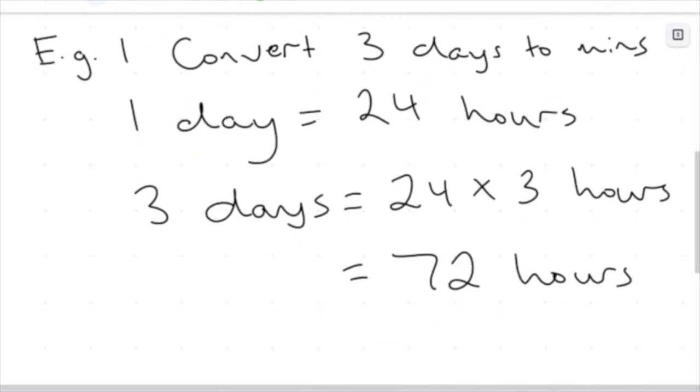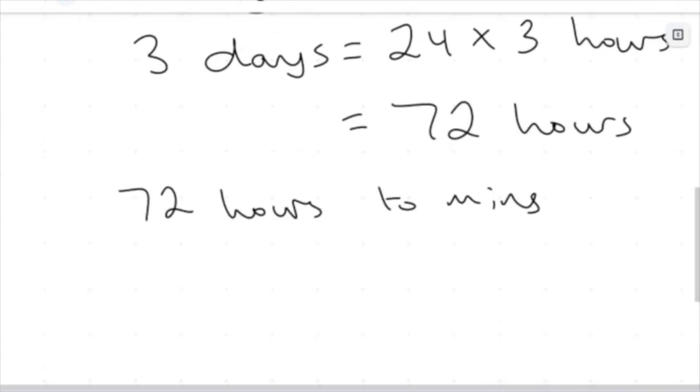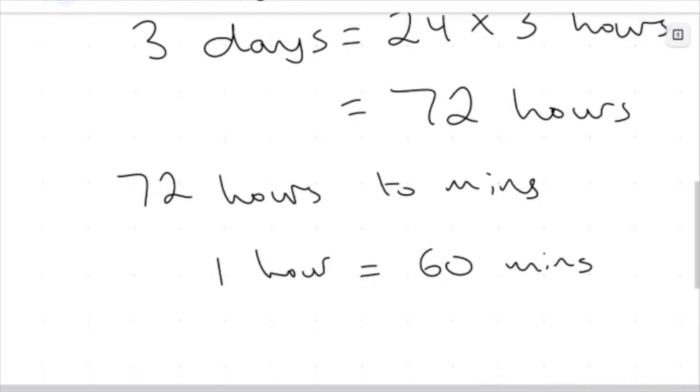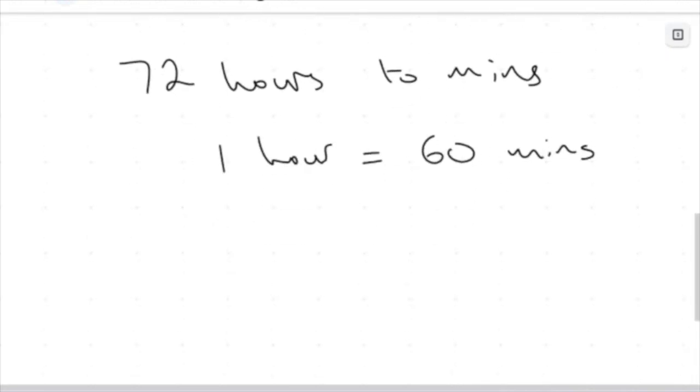So I have 72 hours, and I want to convert 72 hours to minutes. And I know that 1 hour is equal to 60 minutes. Therefore, for 72 hours, I'm going to just take 72 lots of 60.